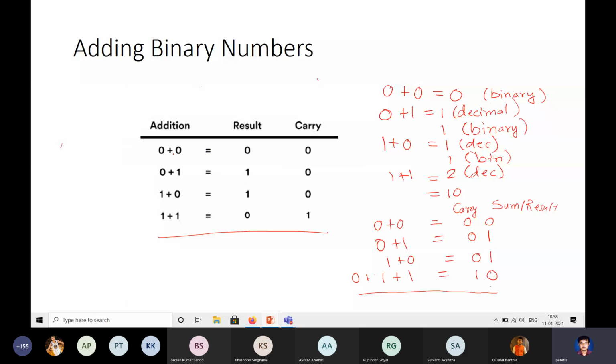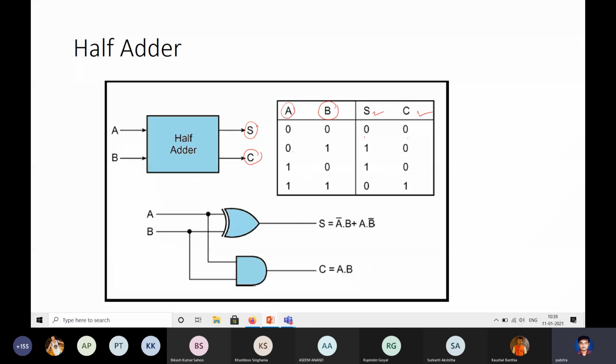When I have a carry as an input, this top carry thing, I call it a full adder. If we ignore the carry as an input, I call it a half adder.